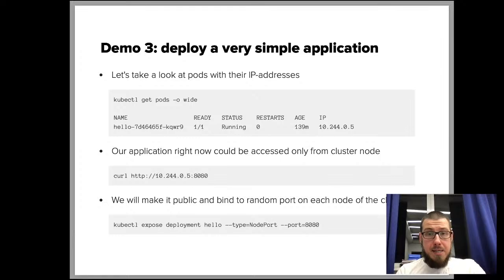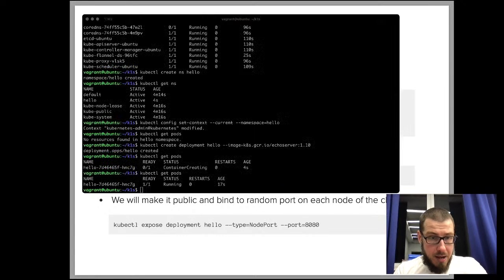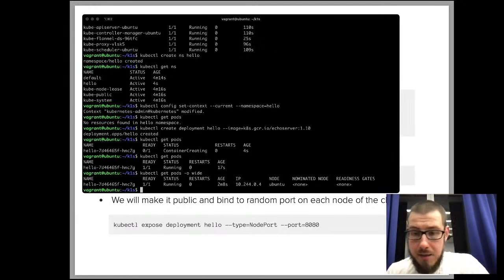So I can get pods with their IP addresses, using a special option, wide: kubectl get pods -o wide.